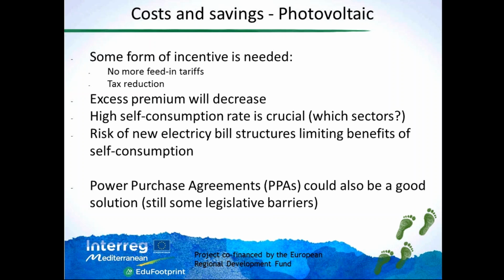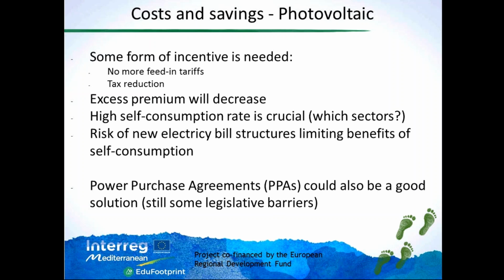And then, of course, if I look at the European legislation, but this is also happening, for instance, in Italy, the electricity bill structures in the future will move some of the so-called system charges or grid charges, which are basically taxes, from the consumption-based part of the bill to the capacity-based part. This means that we will pay more and more costs on the bill which are fixed, which are not related to how much energy we consume.